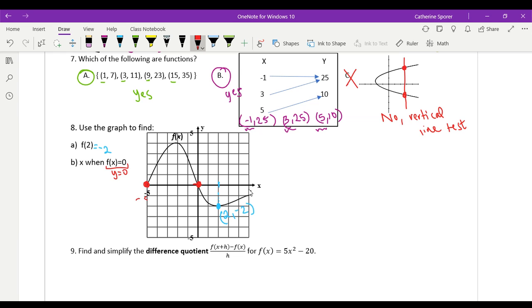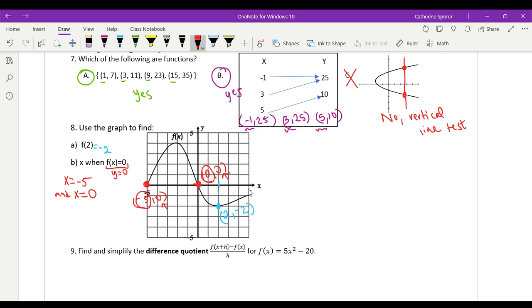So that's the point -5, 0 has a y value of 0, and the point 0, 0 on this graph has a y value of 0. And this asks us to find x when f of x is 0. So the x values at those 2 points are -5 and 0. So x equals -5 is one of the options, and also x equals 0.